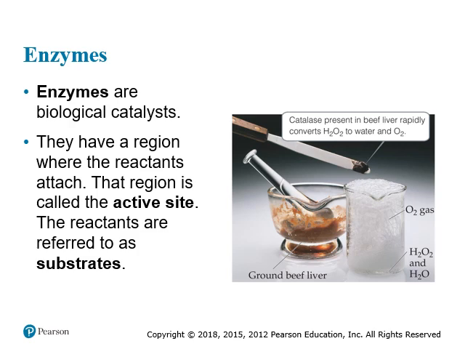For example, catalase is an enzyme that's found in blood and liver cells. It can catalyze the decomposition of hydrogen peroxide into water and oxygen. This reaction is very important in removing peroxide, which is a potentially harmful oxidizing agent.